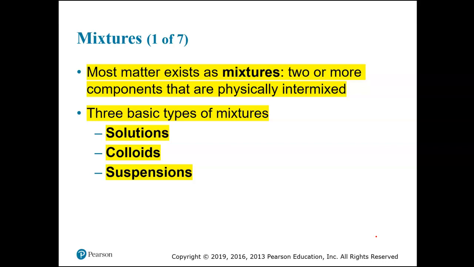Now, I'm going to go over this information on mixtures, but it's not that important for what we need. A solution is a homogeneous mixture, so it's a physical mix of, for example, salt and water. Salt dissolved in water would be a solution.